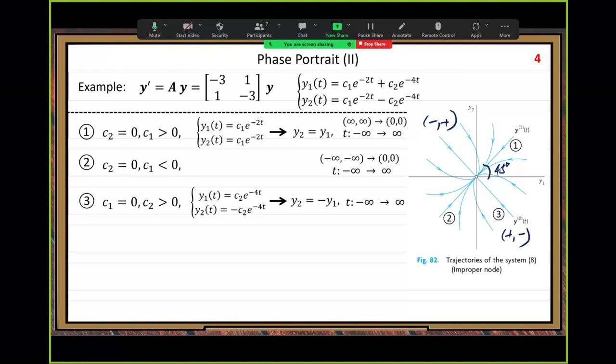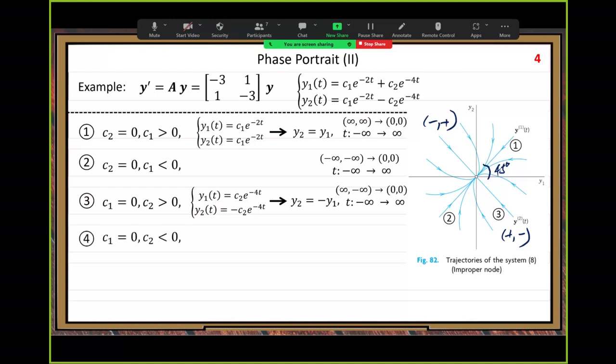So y1 is positive infinity, and y2 is negative infinity. Positive, negative. So from this point, it changes up towards the origin. So that's the trajectory type 3, from negative infinity to positive infinity, in that way.